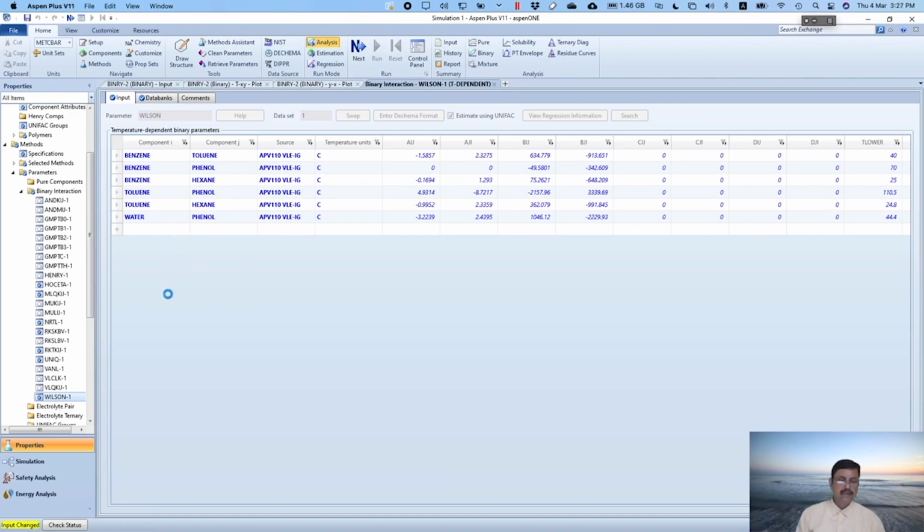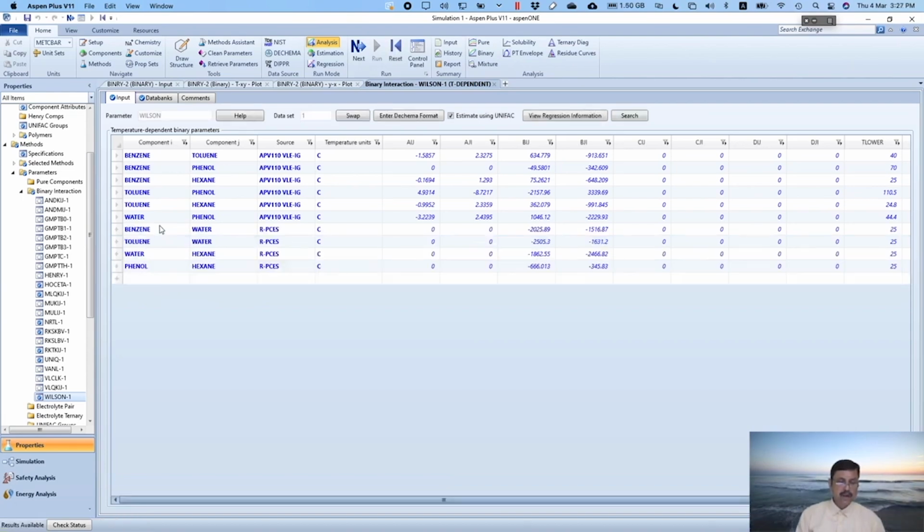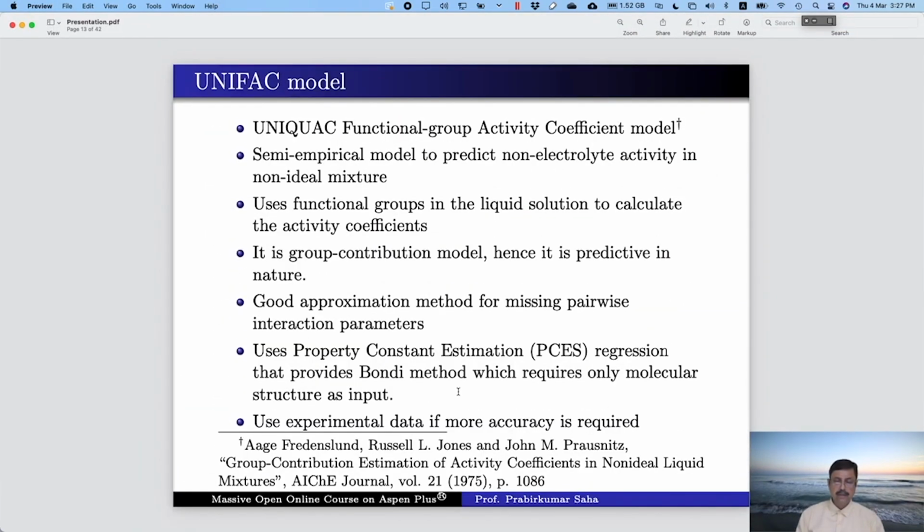See, water phenol was the last one. So we got water benzene, water toluene, water hexane, and phenol hexane was also absent. It was not there, but phenol hexane has been calculated. So all of them have been calculated using RPCES, the regression using PCES.